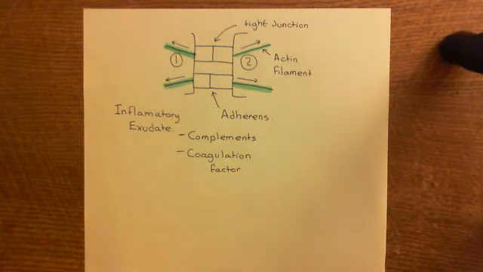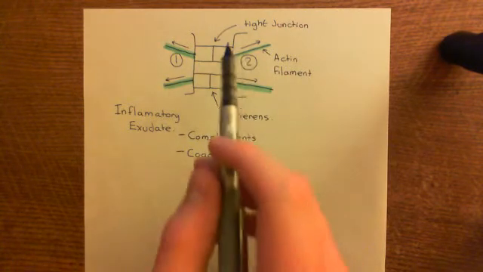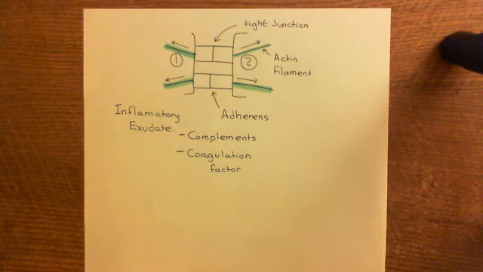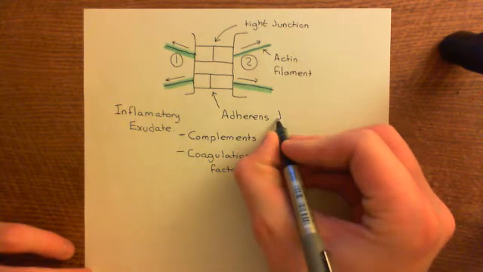Okay, so how do we actually bring the troops out of the blood? Well, one of the ways is that we cause endothelial contraction. Type 1 activation also leads to contraction of the endothelial cells, which opens up these gaps between the endothelial cells by pulling apart the tight junctions and the adherens junctions.